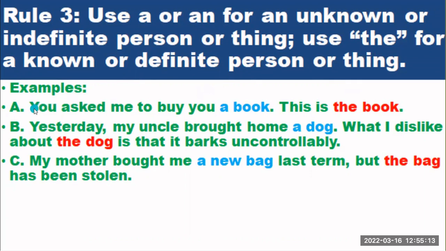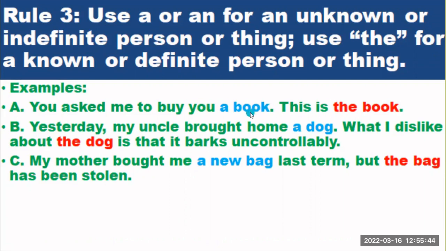Now let's look at examples. You asked me to buy a book. At this moment, the book is just being mentioned for the first time. You asked me to buy you a book. Now, after you have bought the book, you can now say, this is the book. At this moment, you are using the definite article because the book in reference is already known to the listener.